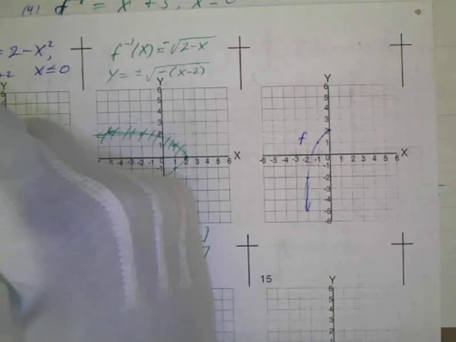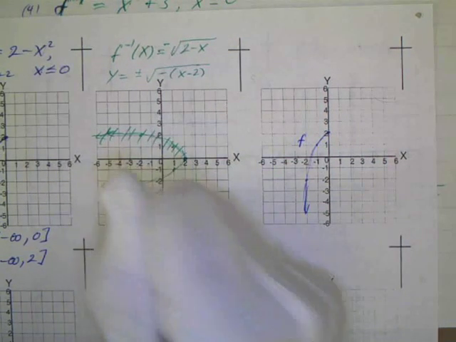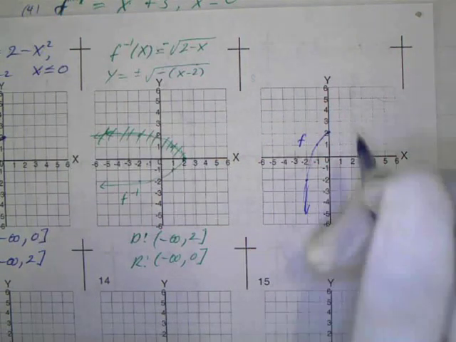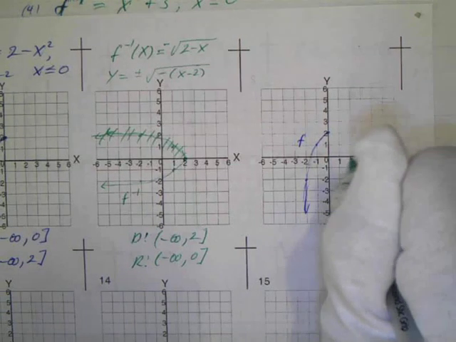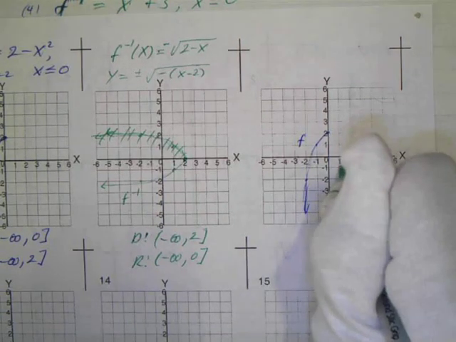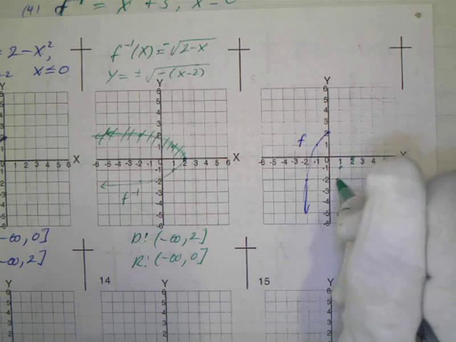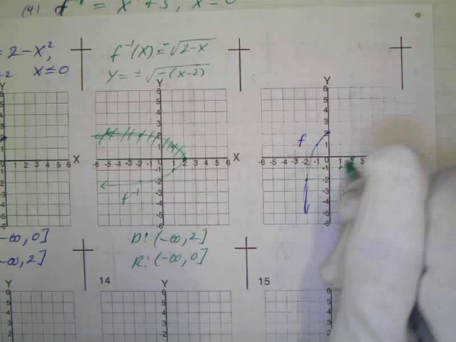You should mark these f and f inverse. And then f inverse goes like this. Down 1, 2, or 1, 2, 3, 4. Oh, they both go to the same point, don't they? That's interesting.